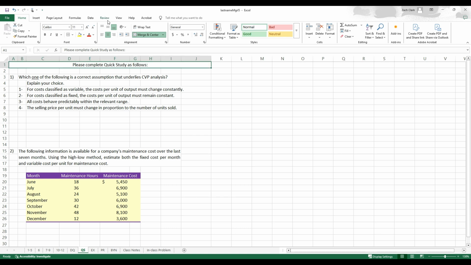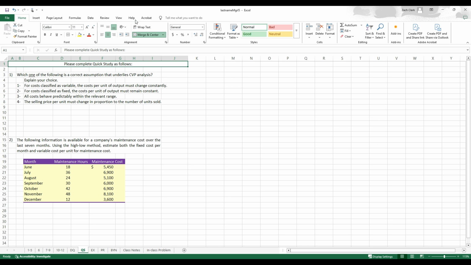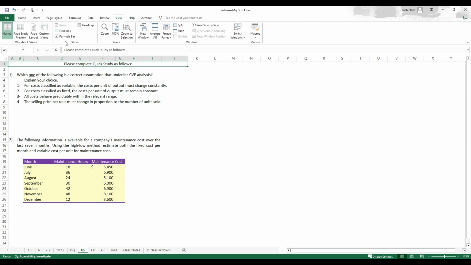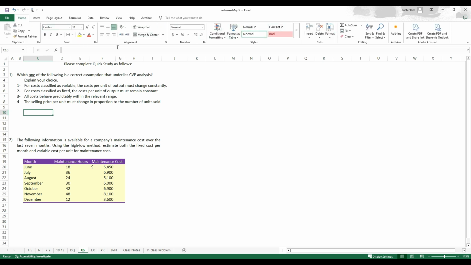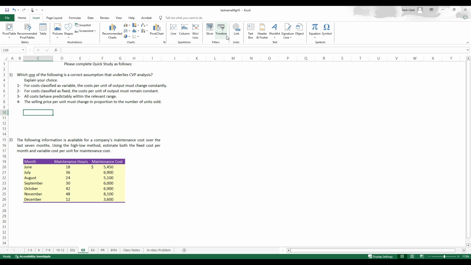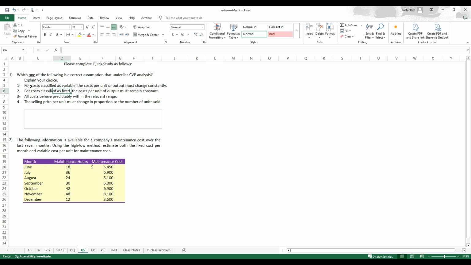Okay, let's move on to our QS tab, or quick study tab here. Let's take our grid lines off. Which one of the following is a correct assumption that underlies CVP analysis? Explain your choice. Okay, so I'm just going to put a text box in again and see what our options are. For costs classified as variable, the cost per unit of output must change constantly.